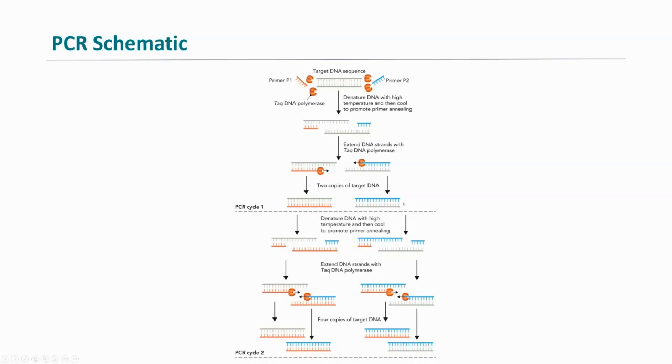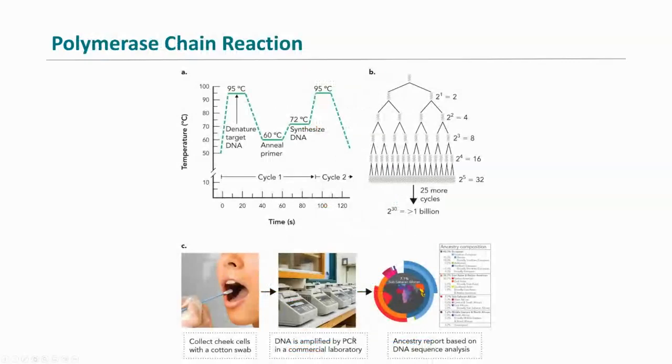So from 1 copy to 2 copies at the end of cycle 1, and 2 copies to 4 copies after cycle 2. Okay. So the PCR reaction is 3-step. Denaturation is 95 degrees. Annealing basically depends on the melting temperature. It normally is around 60 degrees, and then 72 degrees for DNA synthesis.